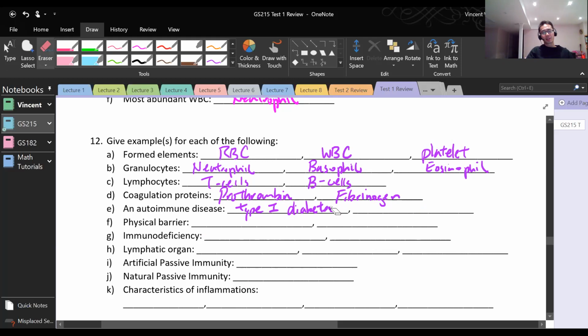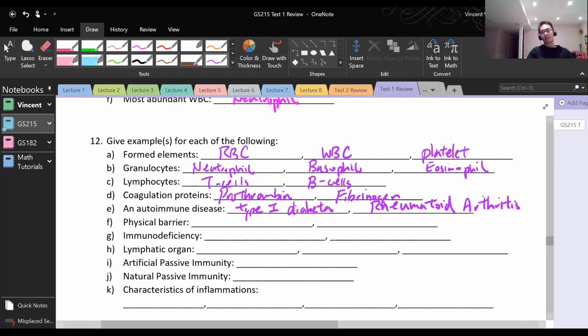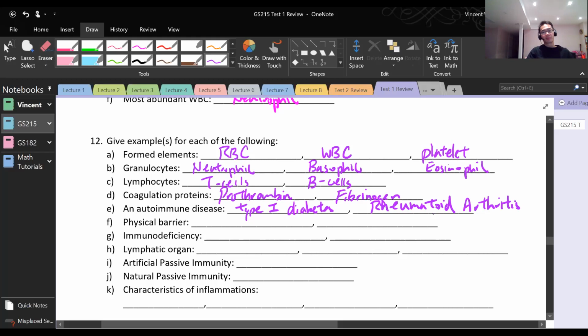Not what we talked about in class though, but nevertheless correct. Was there another one? Yeah, rheumatoid arthritis. That's when the white cells attack the cartilage in the joints and cause deformation of your joint. Very painful. Megan says MS, multiple sclerosis. That's correct. That's another one. Okay, so these are autoimmune diseases.